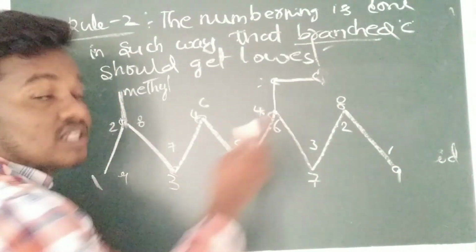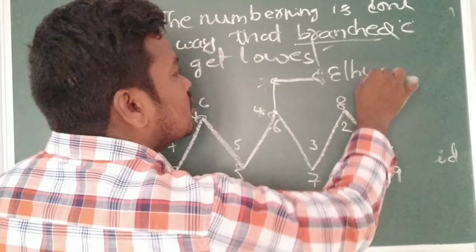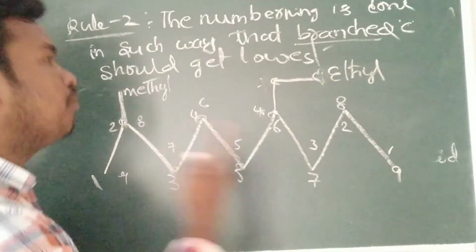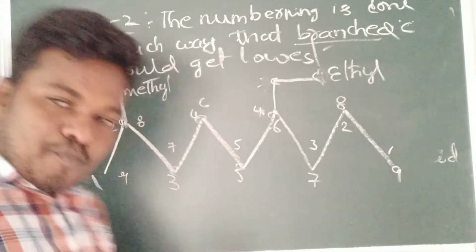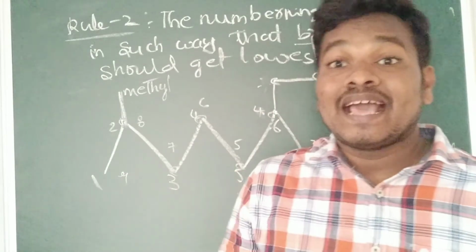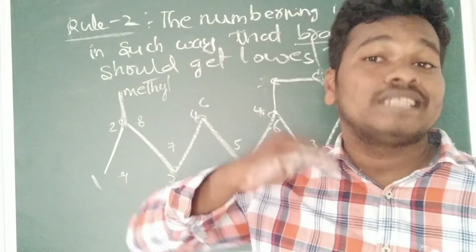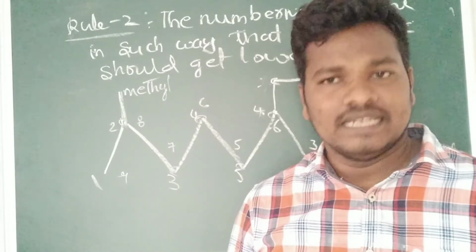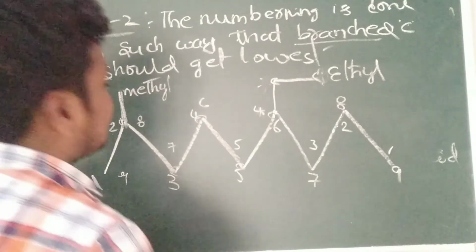How many carbons are there? 2 carbons, so this is called ethyl. So we have identified the branched carbons. What is this rule saying? The numbering is done in such a way that whatever branched chains or branched carbons are present, they should get the lowest number.